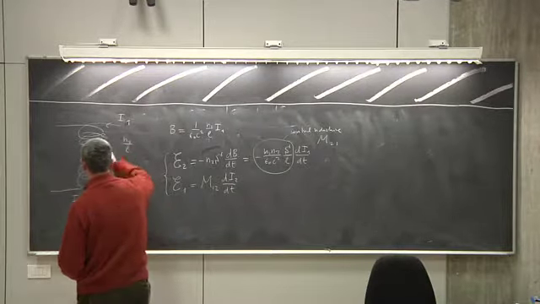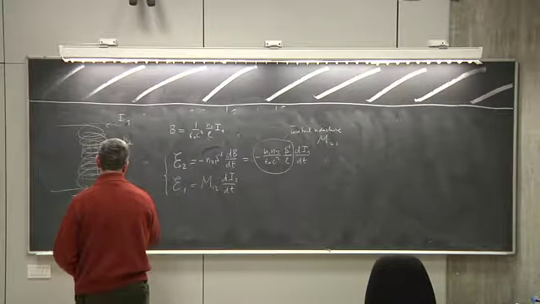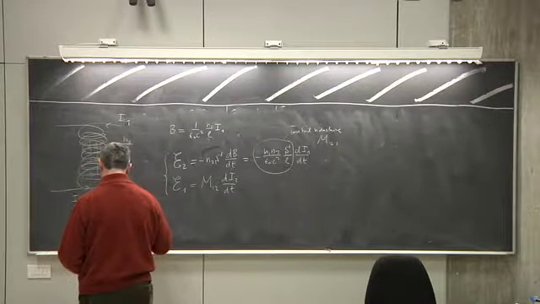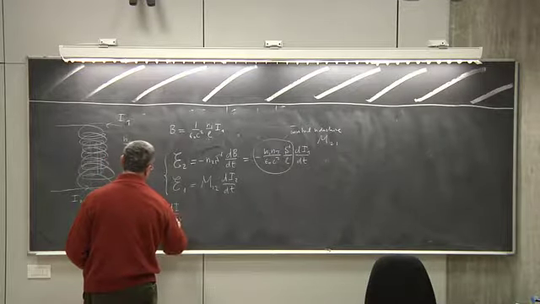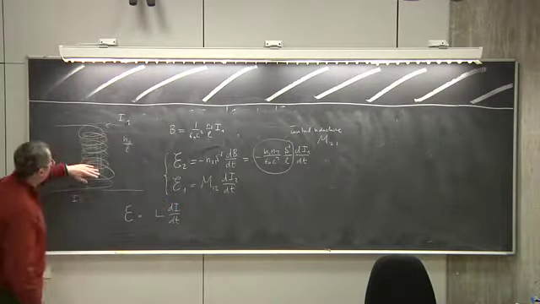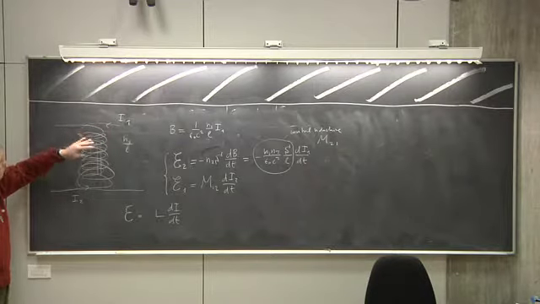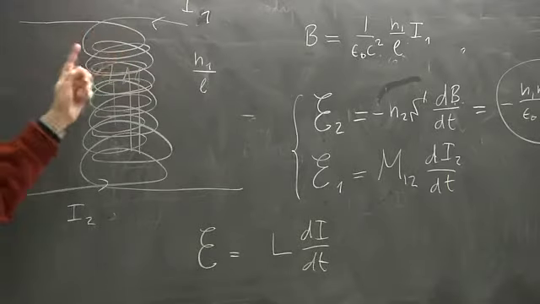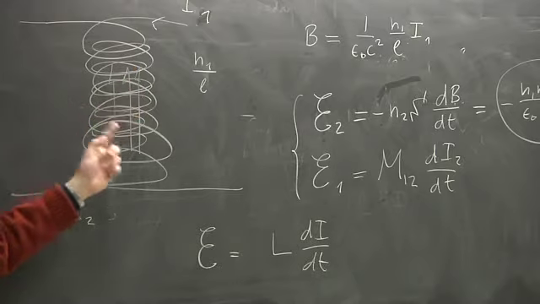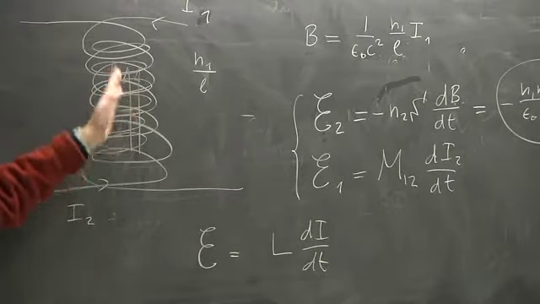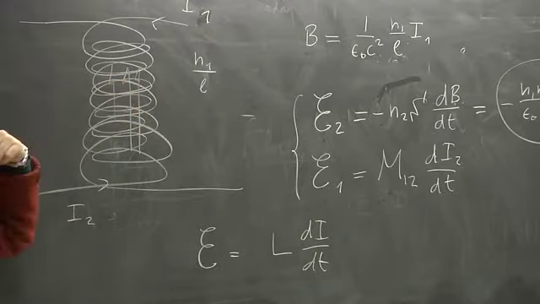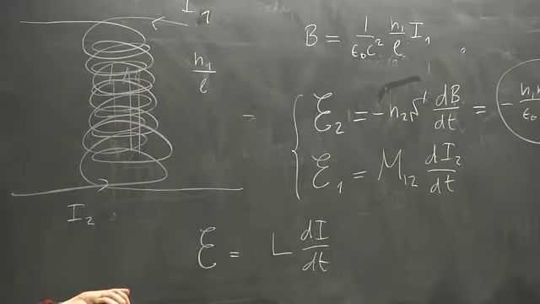Even there you get a current induced that is proportional to the change in current. Even if I have just one coil and I vary the current in the coil, I generate a magnetic field that is changing, and that magnetic field in the same coil is generating an electromotive force.